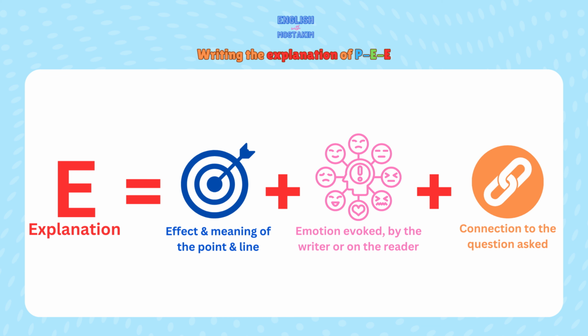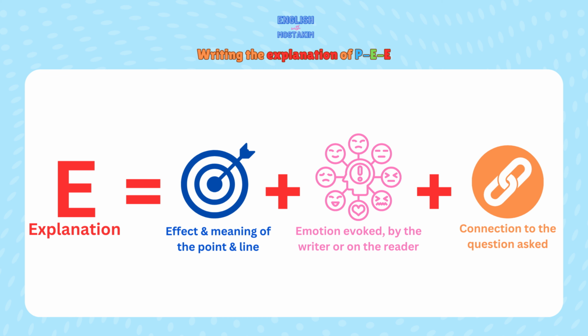And after we have written down the effect and meaning of the point, we will move on to write down what emotion was evoked by the writer on the reader. So in this part, we will explain or describe how the particular figure of speech that was used evokes a particular emotion that helps us to soak in the text and get interested or engaged in it.